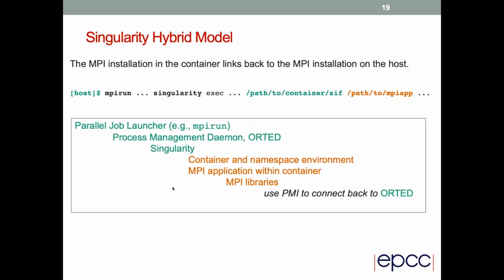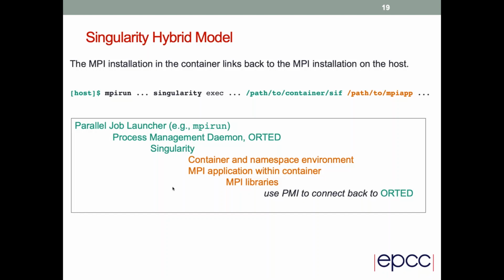What's happening under the hood, as it were, is that when you run mpirun, the parallel job launcher, that starts up a process management daemon, which then calls the Singularity executable with the CIF file, which exists on the host. That's colored in green here. And then at that point, the container takes over.